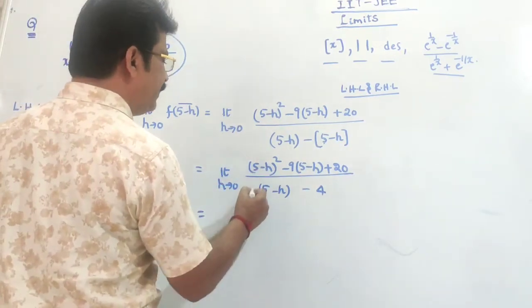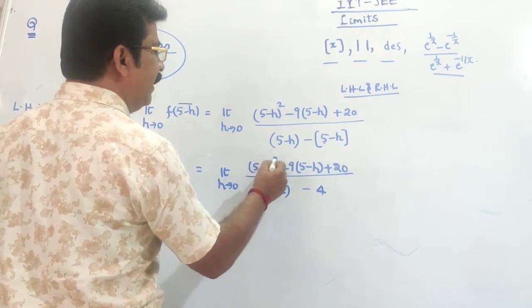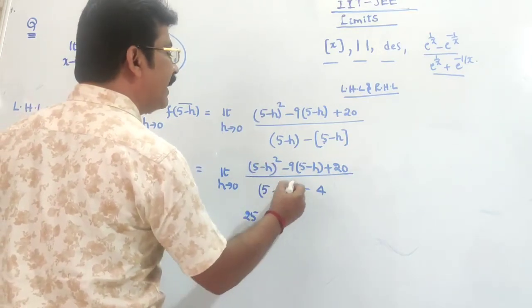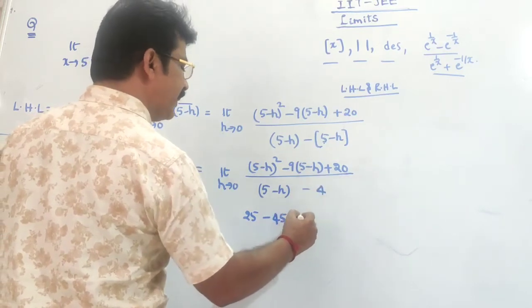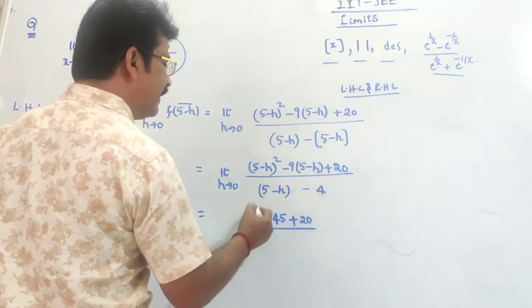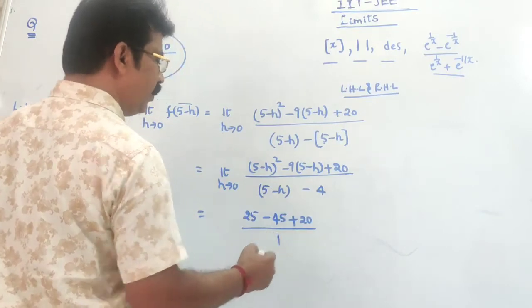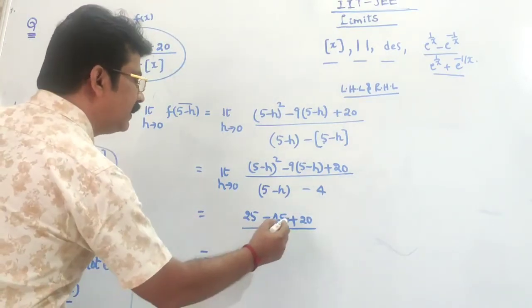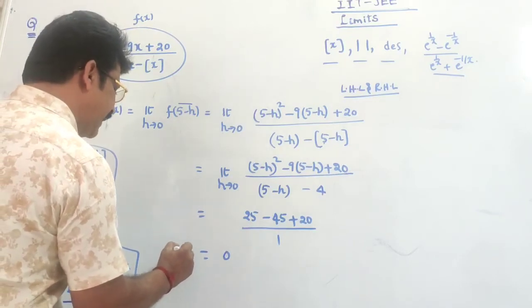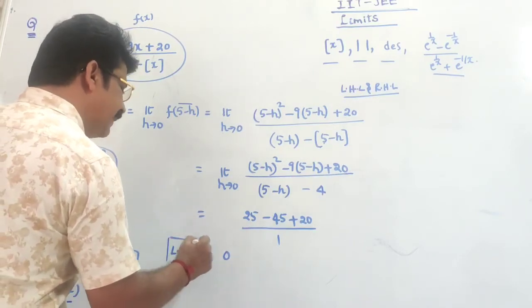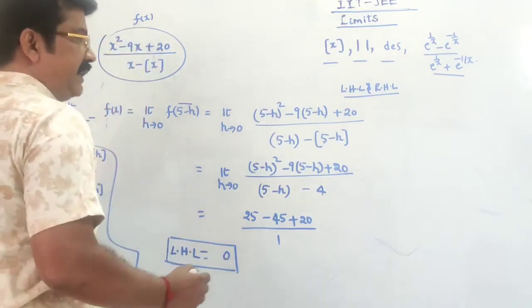So by putting h equal to 0, 5 minus 0 is 5, 5 whole square is 25, minus 45, next plus 20, divided by 5 minus 4, that is 1. So that is equal to 45 minus 45, it is 0. So therefore left hand limit value is equal to 0.